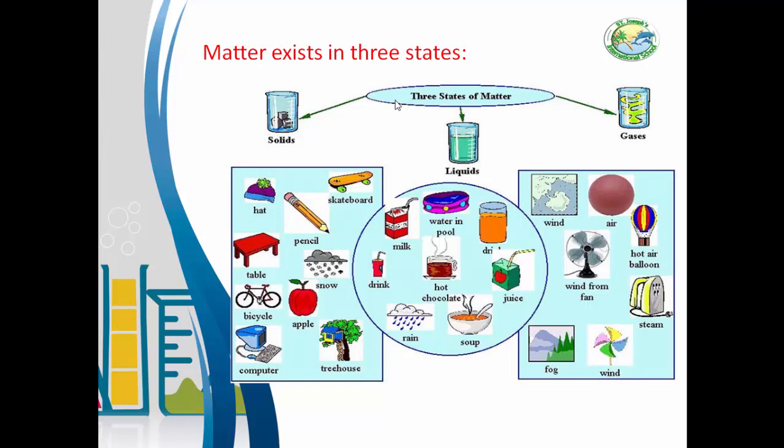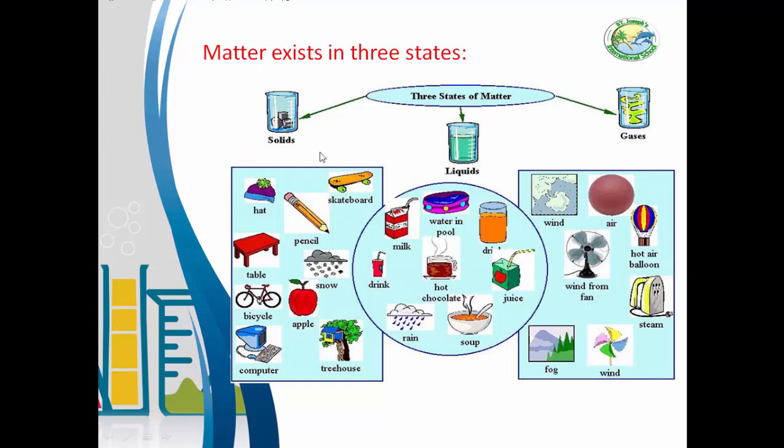Water is the liquid state, and water vapor is the gaseous state. So the solid state of water is ice, and the gaseous state of water is water vapor. That's it. So we can say that there are three states of matter: solids, liquids, and gases.